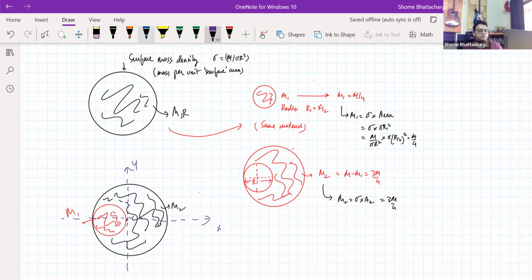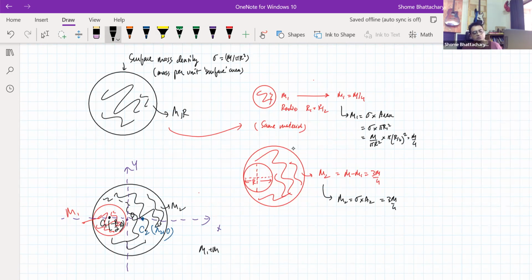So if the m2 mass has its center of mass somewhere here, at some x2 comma 0, but the M1 mass has its center of mass, we know, over here, at minus r by 2 comma 0, then the system center of mass should be at the origin.